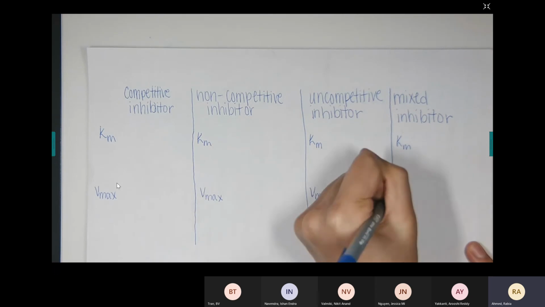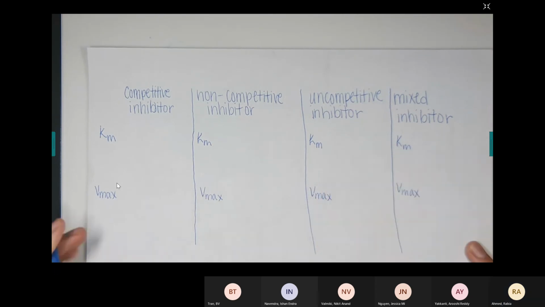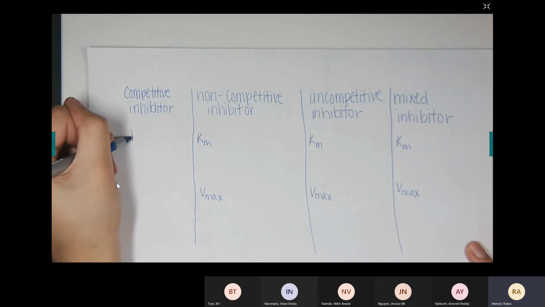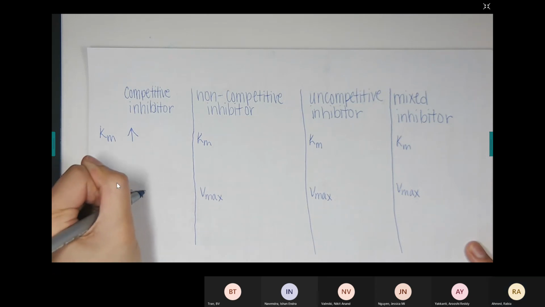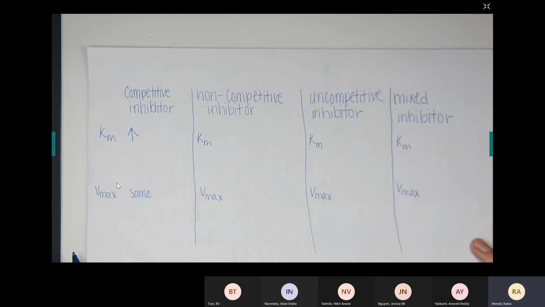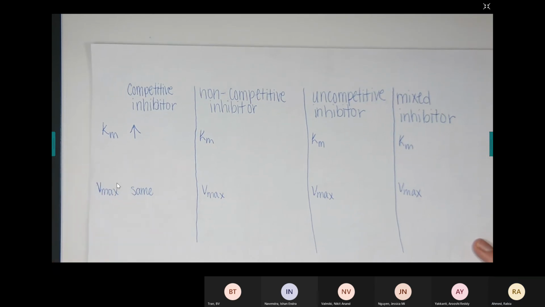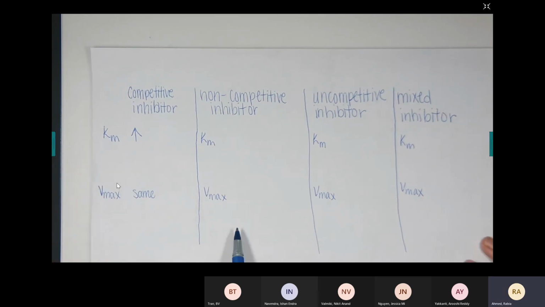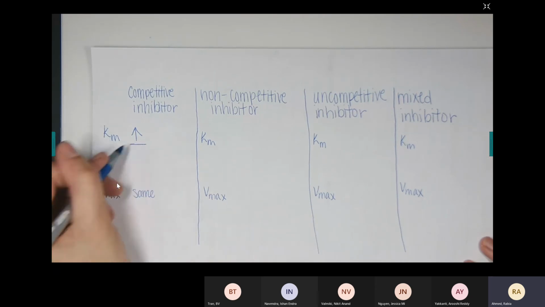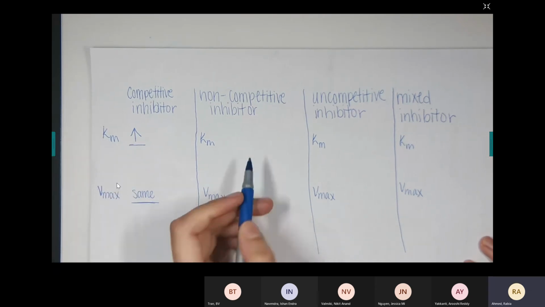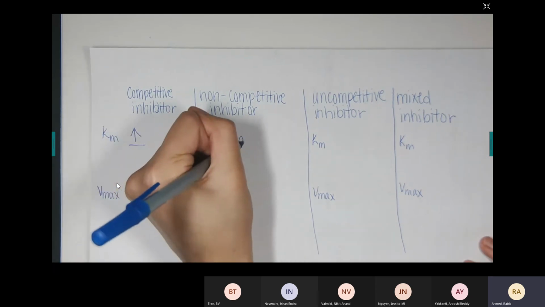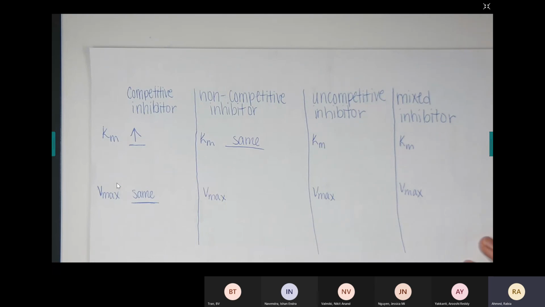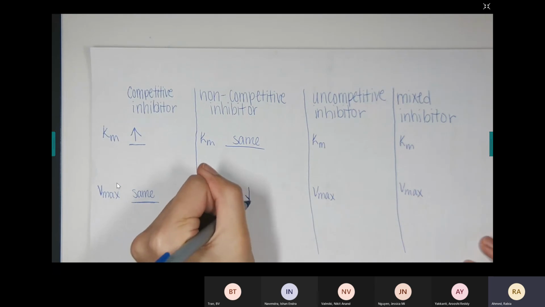Relatively simple. For the competitive inhibitor, the Km will increase and the Vmax will stay the same because it's binding at the active site. For the non-competitive inhibitor, the Km will stay the same and the Vmax will decrease.